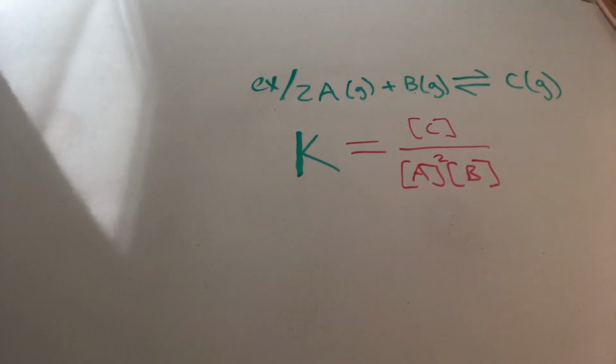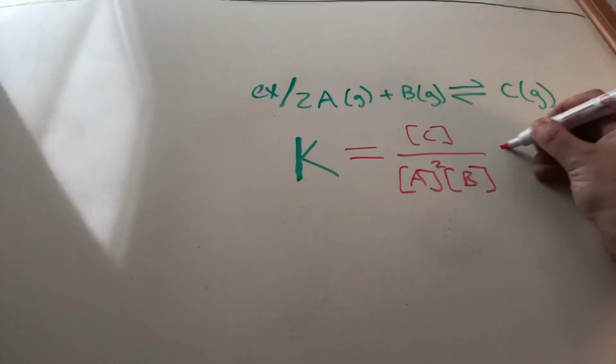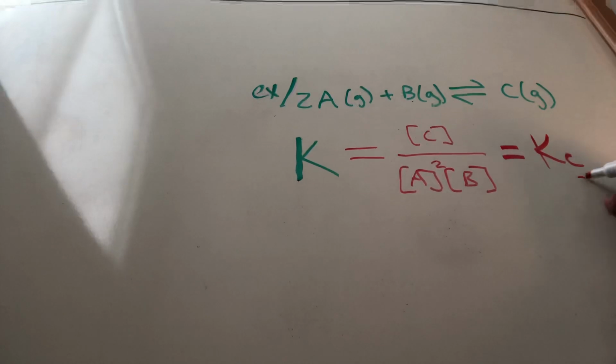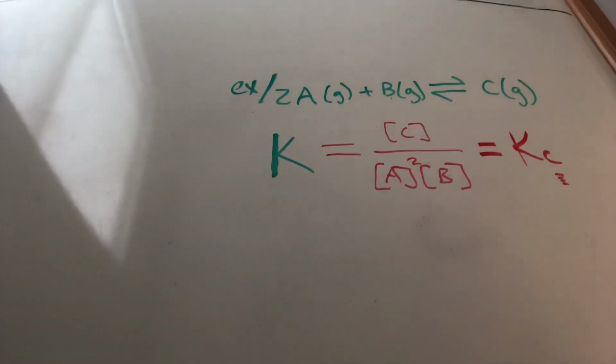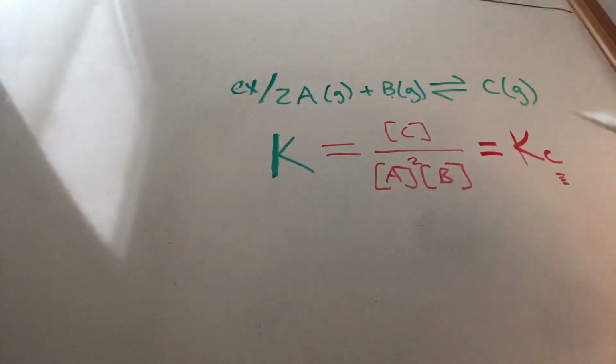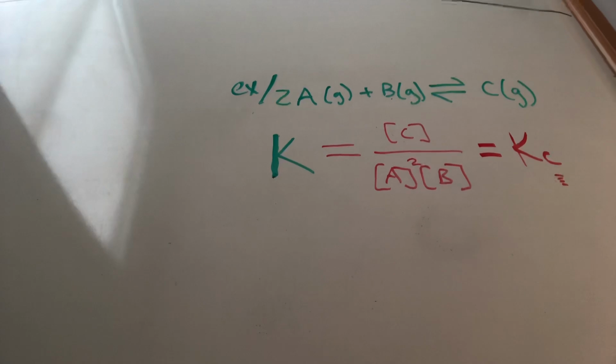This is K, and like I said before, you'll see this labeled as Keq or Kc. Whenever you see Kc, we're differentiating between Ks using different units, and Kc implies that we're using concentration units.